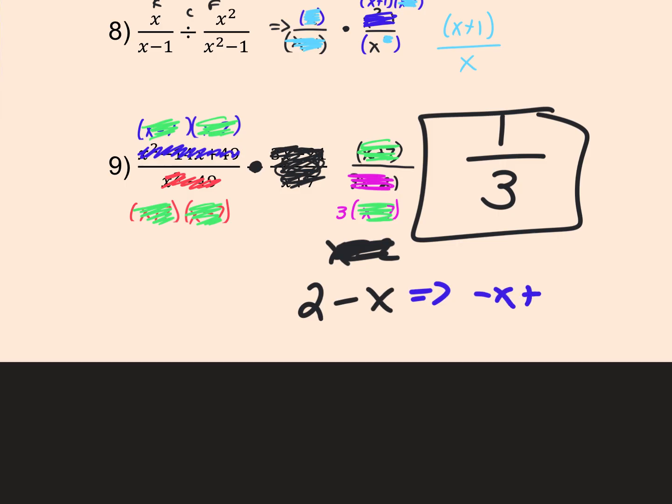Negative x plus 2. And then what was the next step you would do? Negative 1, and this becomes what? X minus 2. Now it's the same as x minus 2. So now you could cross off top and bottom, but what are you left with? A negative. Whenever things are written backwards, I'm telling you, it's going to end up in your answer where you factor out a negative. Don't get stuck with that.